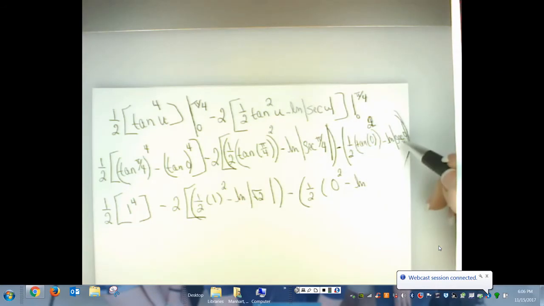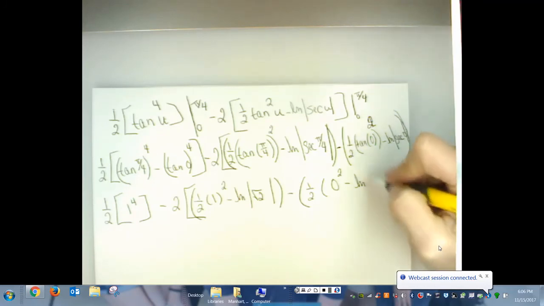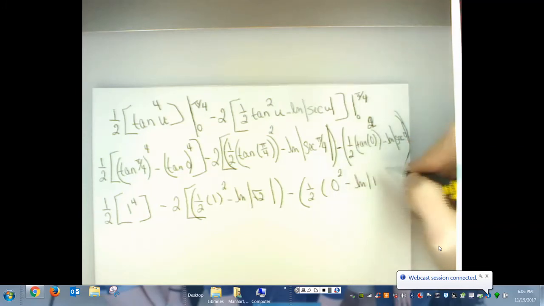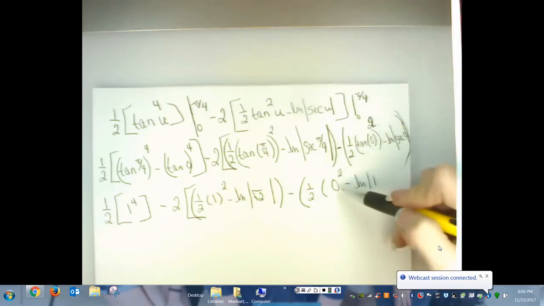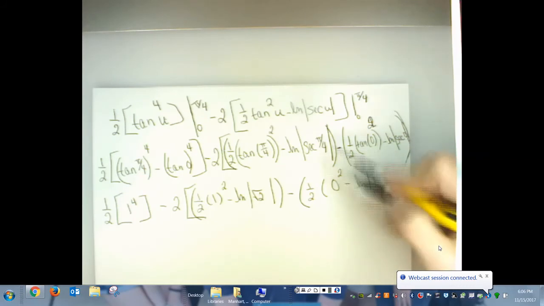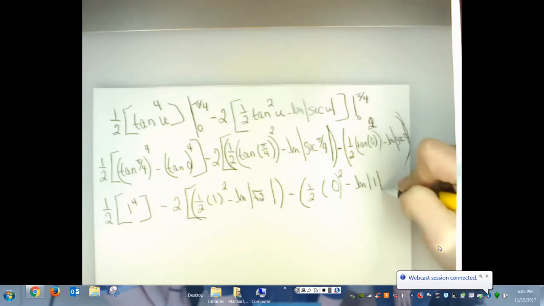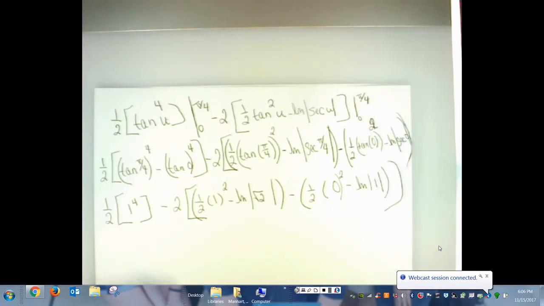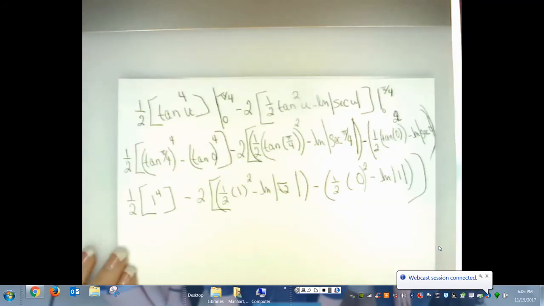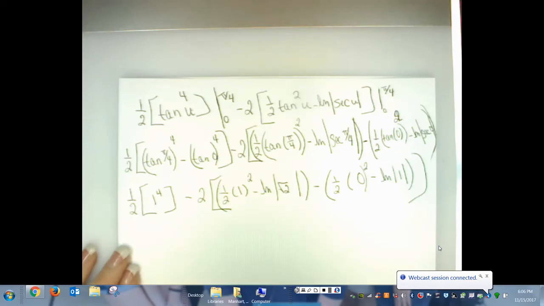Secant 0 is 1 over cosine of 0. Cosine of 0 is 1. So this is going to be the natural log absolute value of 1. And the 1/2 is basically distributed just to the 0 squared. There. And I think I underestimated how large this problem is.